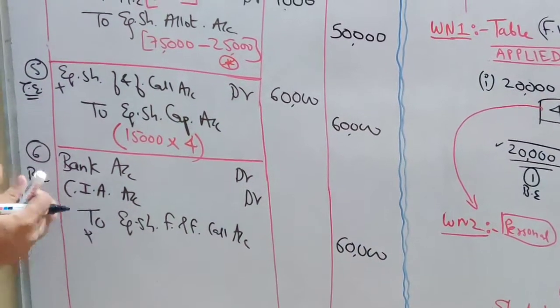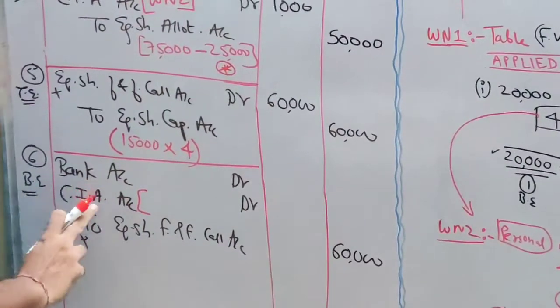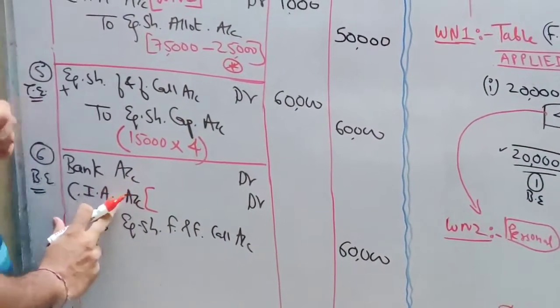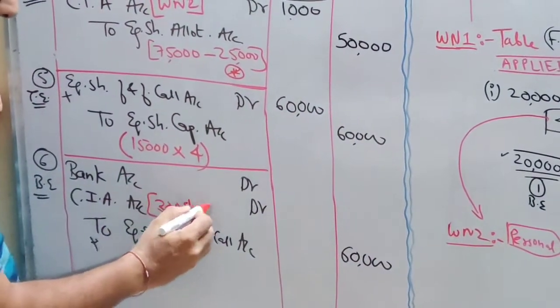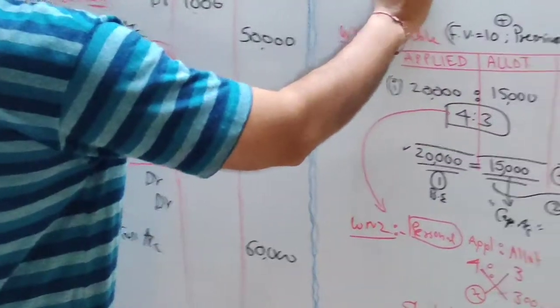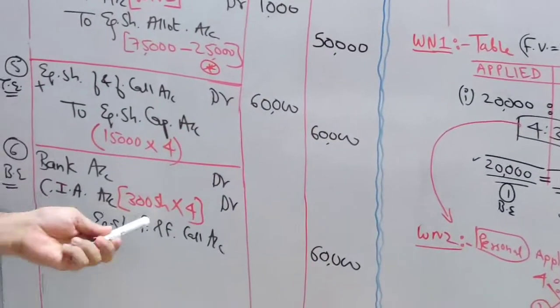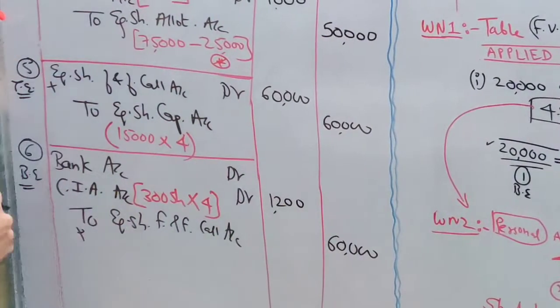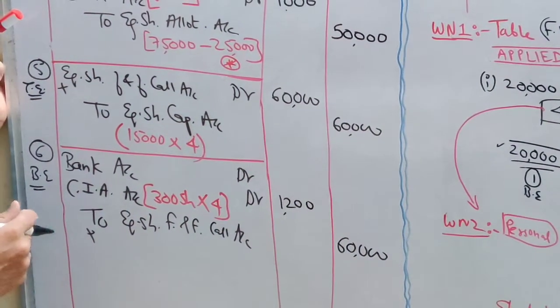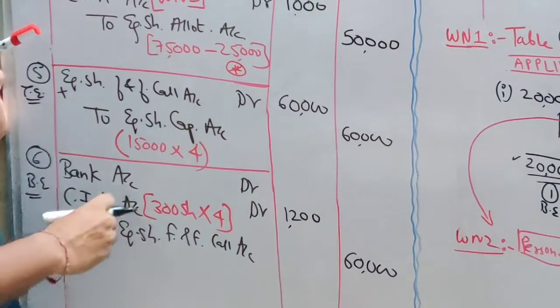Now who made an arrear? Mr. Ashutosh. How many shares was Mr. Ashutosh having? 300 shares. So 300 shares into how much we asked at the time of final call? 4 rupees. He didn't pay this money. So what is the arrear money of Ashutosh? 1,200.